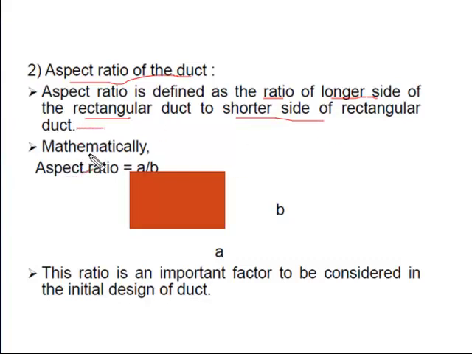Mathematically it can be written as A divided by B. It means we have taken a rectangular cross section of a duct in which the larger side is A and the smaller side is B. Then we get aspect ratio as A divided by B. This ratio is an important factor to be considered in the initial design of duct.